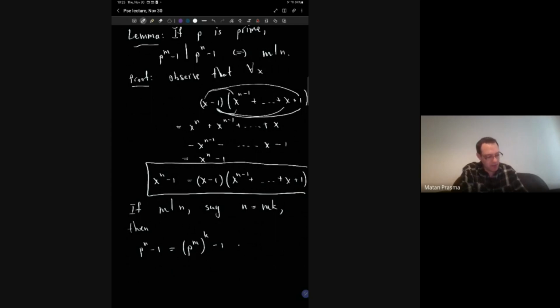Taking in this identity x equals p to the m, what I get is p to the m minus 1 times the sum of p to the m to the j, where j is from 0 to k minus 1.